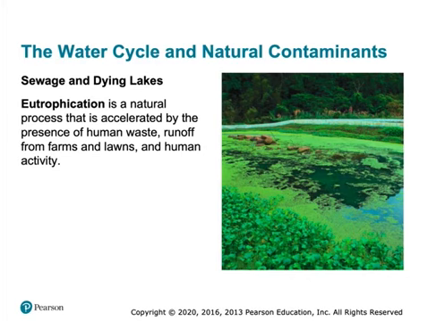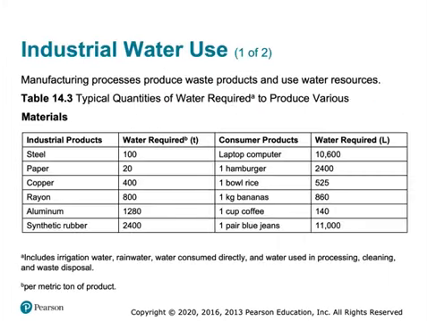So anthropogenic, so human-caused, eutrophication can cause significant damage to waterways. So, what do we use water for? This is about how much water is required to make certain things.